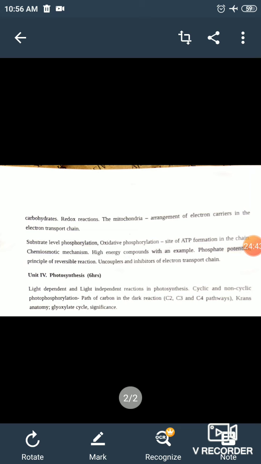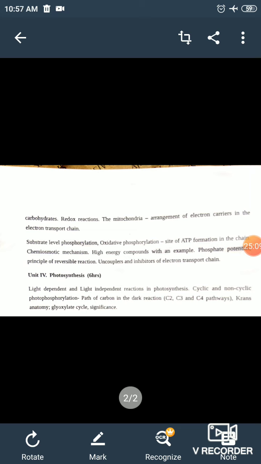The next stage is the dark reaction, that is the fixing of carbon dioxide. The air contains carbon dioxide, and it is fixed during the dark reaction with the use of compounds like ATP and other things produced in the light reaction.